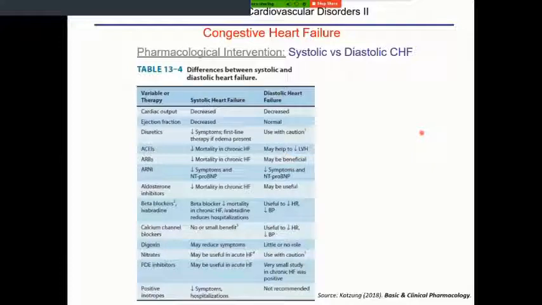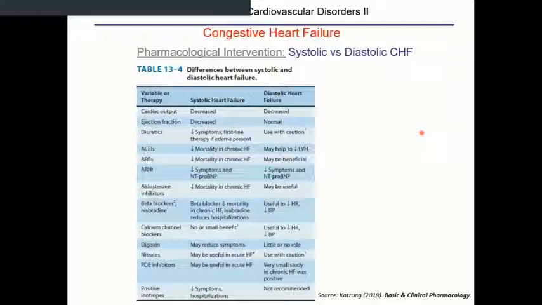So in summary, in the table in your Harrison's, you have differences in pharmacologic intervention between systolic versus diastolic congestive heart failure. Systolic heart failure has different characteristics from diastolic heart failure, and this should be noted because, for example, in systolic heart failure the ejection fraction is decreased, but in diastolic heart failure the ejection fraction is normal.